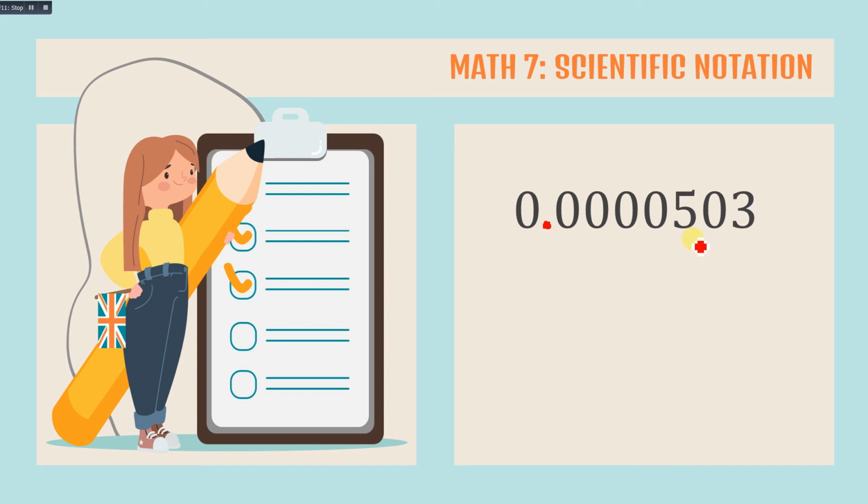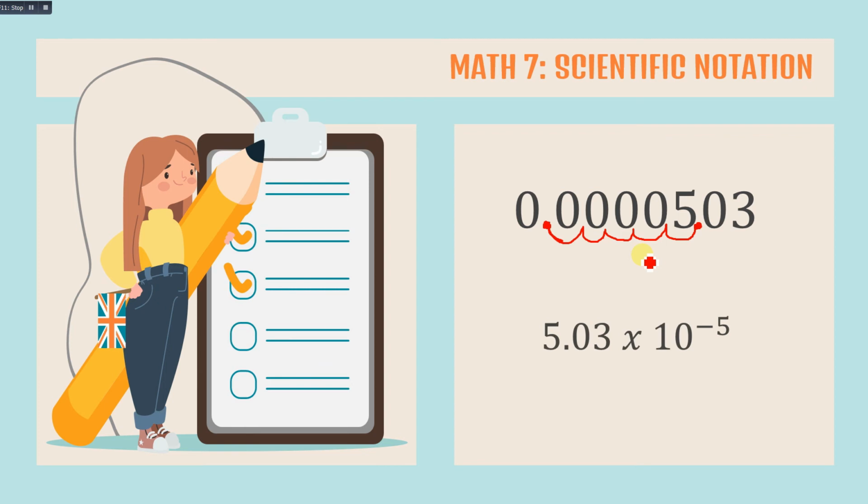So we start from here, going to the right. 1, 2, 3, 4, and 5. So this is where we can put our decimal point. That's why our scientific notation for this value would be 5.03 times 10 to the negative 5.